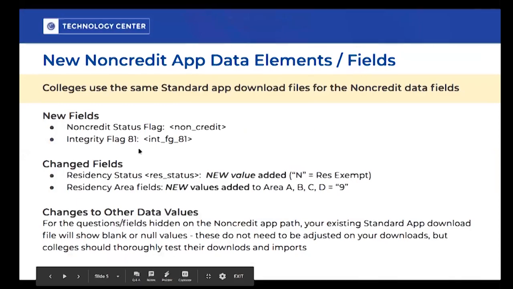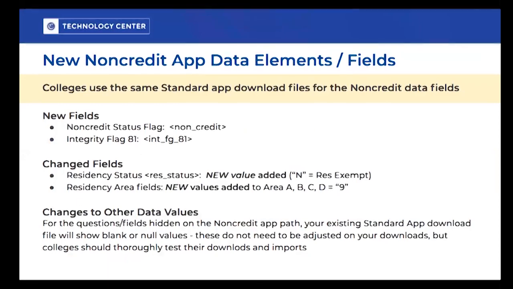A couple differences. There are 2 new fields that were added specifically for the non-credit application, and they're both optional. One is called non-credit, and it's basically a flag for the college that says, hey, this student applied through the non-credit URL.